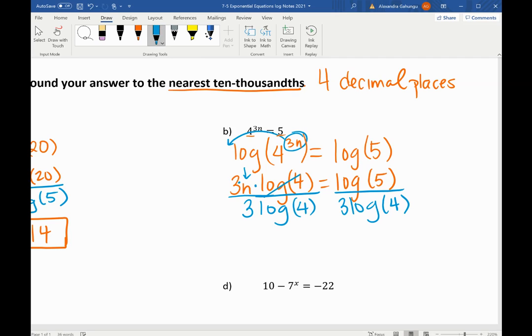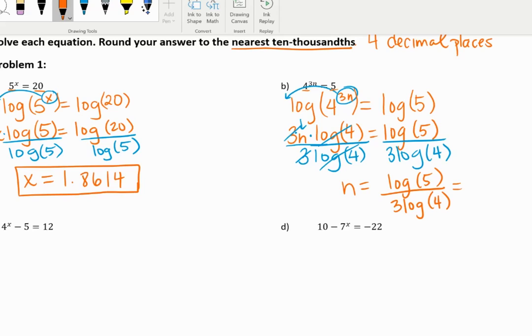So everything gets canceled, the 3 and the log 4. So I've got n all by itself, and I'll get log 5 over 3 log 4. And when you type it in, you just want to go log of 5, log of 4, and then divide by 3. So it's going to be 0.3870.